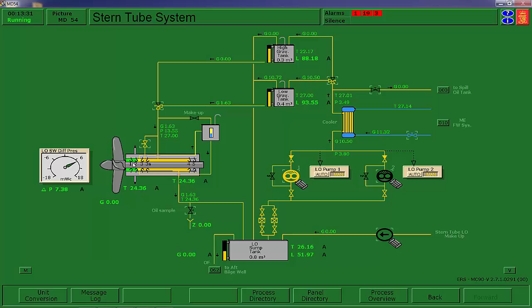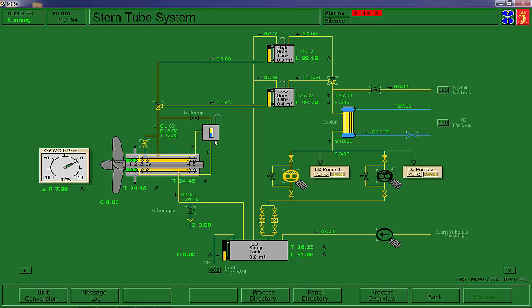In some cases now, they are putting biodegradable oil into these little seal gravity tanks, so that if there is a leakage of the oil into the salt water, then being biodegradable, it will degrade and is not an oil pollution incident. And in many cases, that's what they're doing.